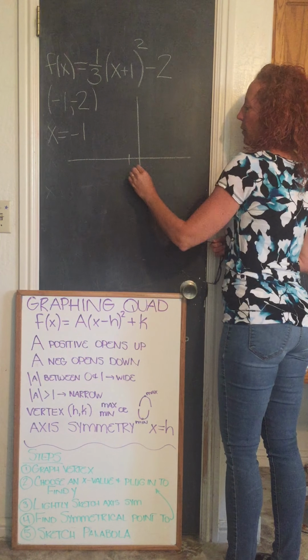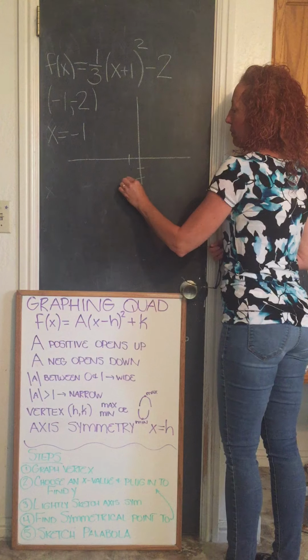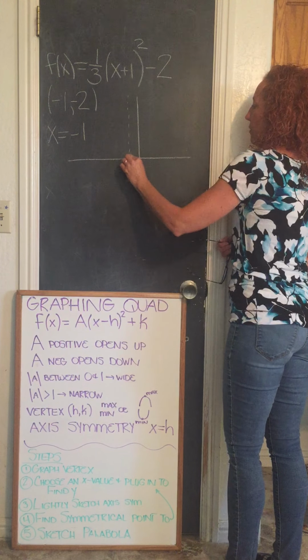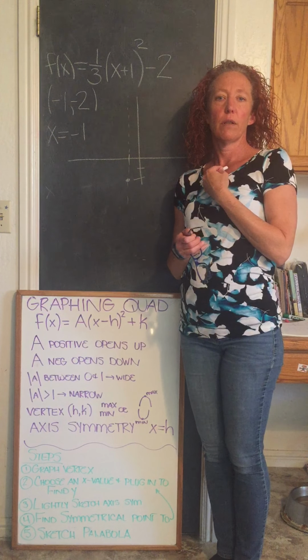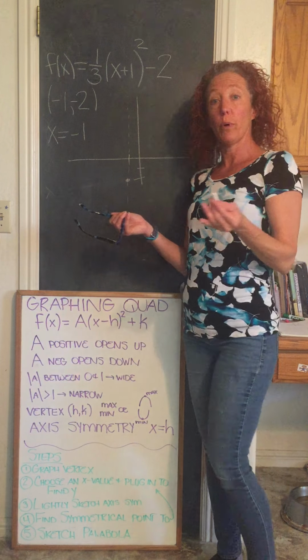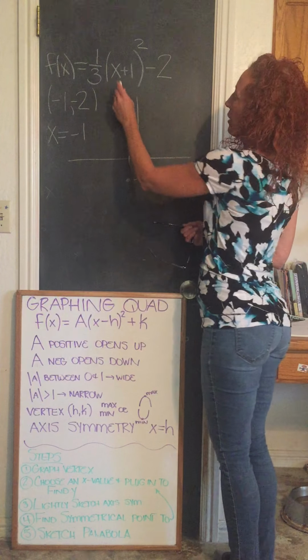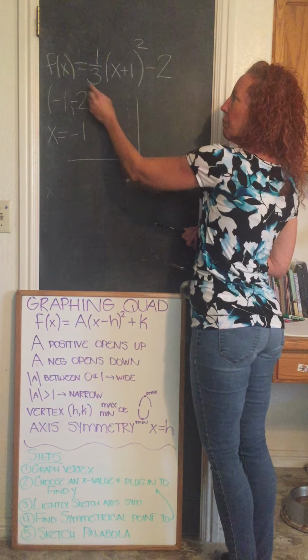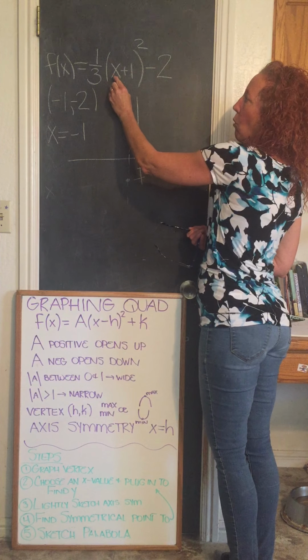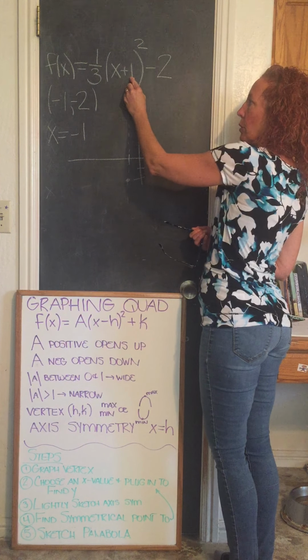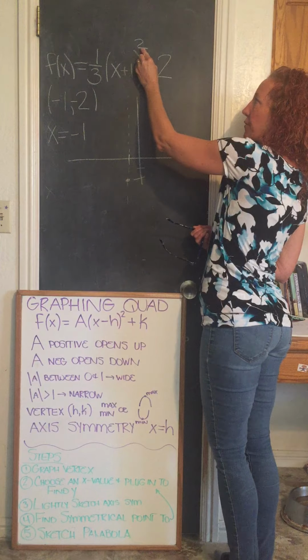So (-1, -2). Here's my axis of symmetry. I need to choose a value so that I know that symmetry point once again. So if I chose 0, I'm going to end up with a fraction. If I choose 1, 1 plus 1 is 2. 2 squared is 4.